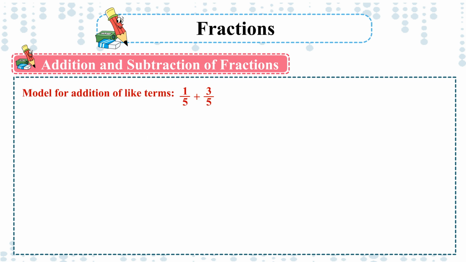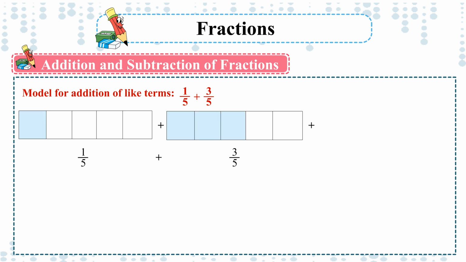Model for addition of like fractions. 1 upon 5 plus 3 upon 5 is equal to 4 upon 5.